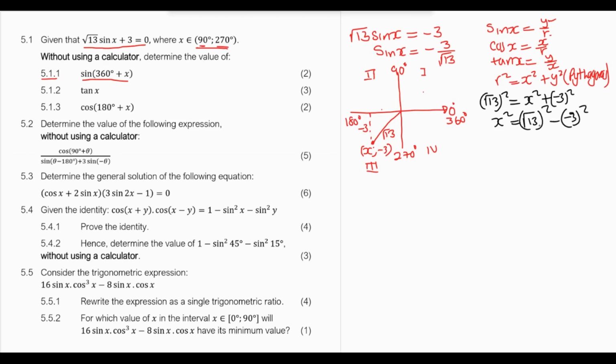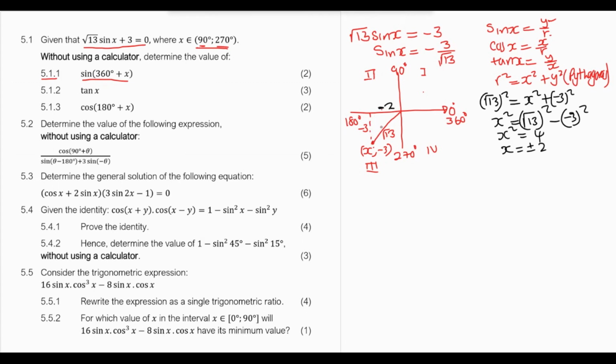Then 13 minus 9, that's 4. So x squared is equal to 4. Square root both sides, x is equal to positive or negative 2. But since it is quadrant 3, x is negative, so this is negative 2.